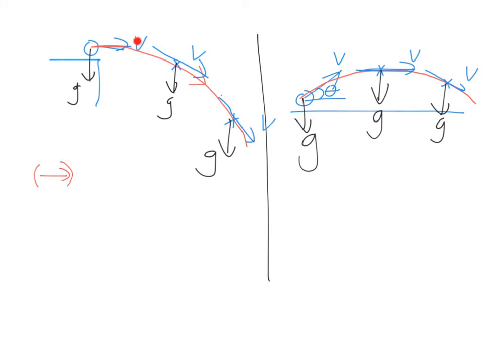As the ball is flying through the air, are there any horizontal forces acting? Some people say air resistance. For the purpose of calculation for our A levels, we will ignore air resistance. We will always assume air resistance is negligible. So if your air resistance is negligible, that means there will be no horizontal forces acting.